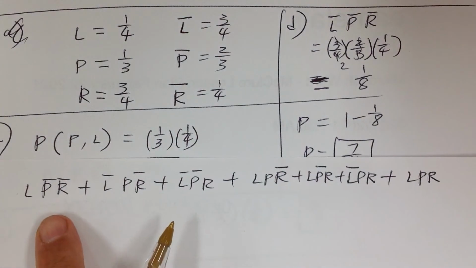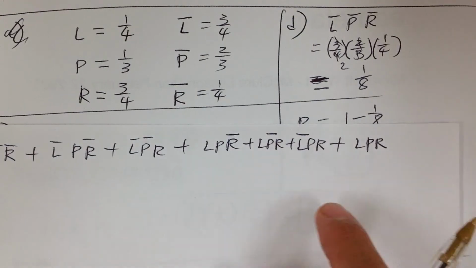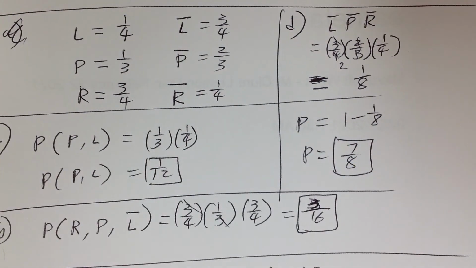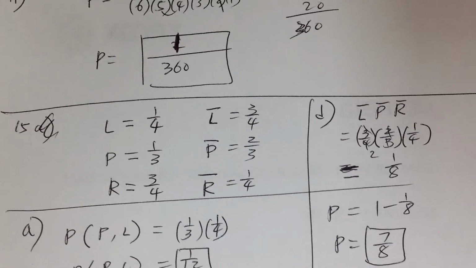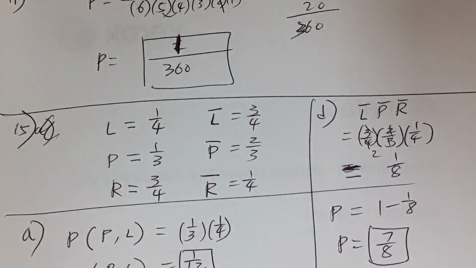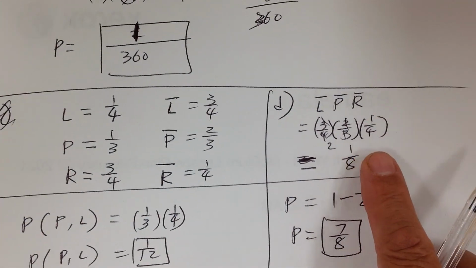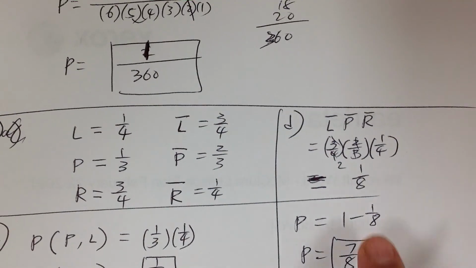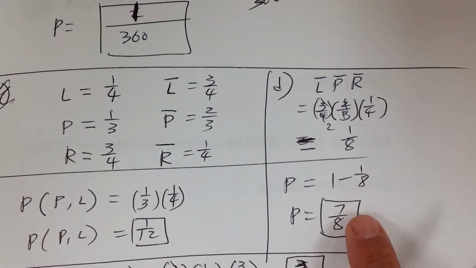You have to do all these scenarios, and then add all together, and you get the 7/8. So again, whenever you have to figure out the probability of at least one thing, you want to figure out the complement, and you subtract, and that's how you get that.